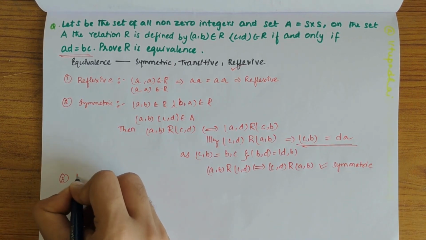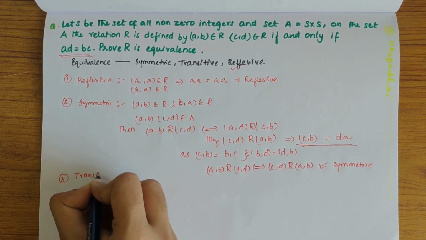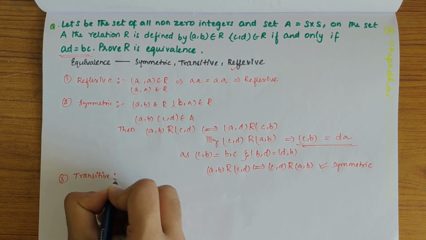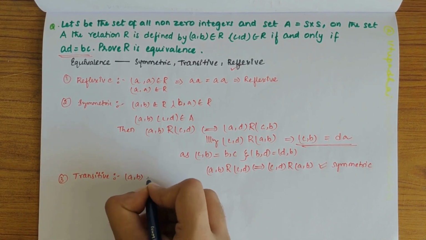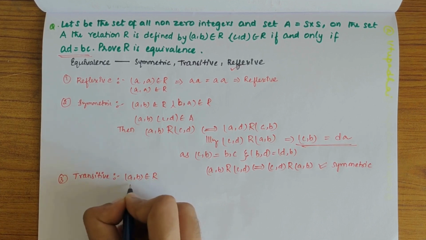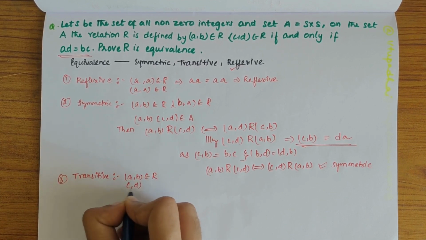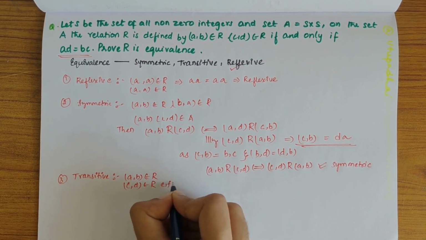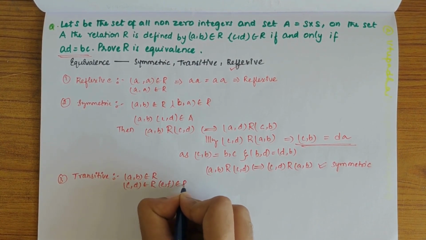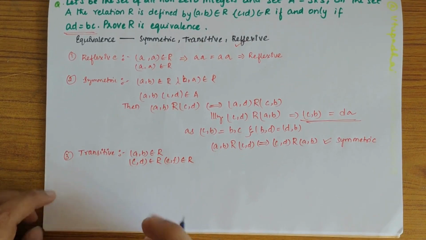And third, we have the transitive condition. We know the condition, that is, if (a, b) is related to (c, d) and R, then let's take (e, f) also related to R. So let's prove this.